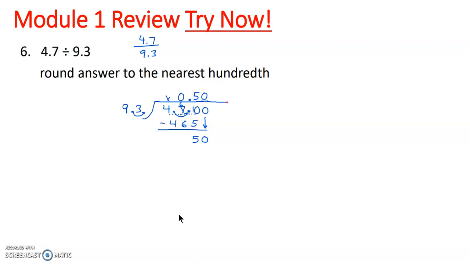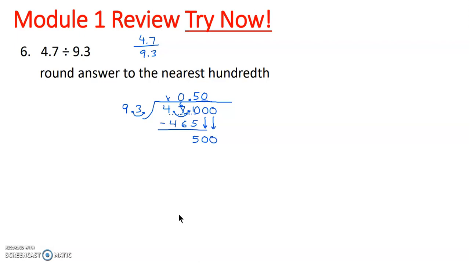And because I have to round to the hundredths, I have to go one step beyond the hundredths. So I'm in the hundredths place right here, but I need to go to the thousandths place in order to know what I need to round. So I'm going to add another 0, and I'm going to bring it down, getting 500.